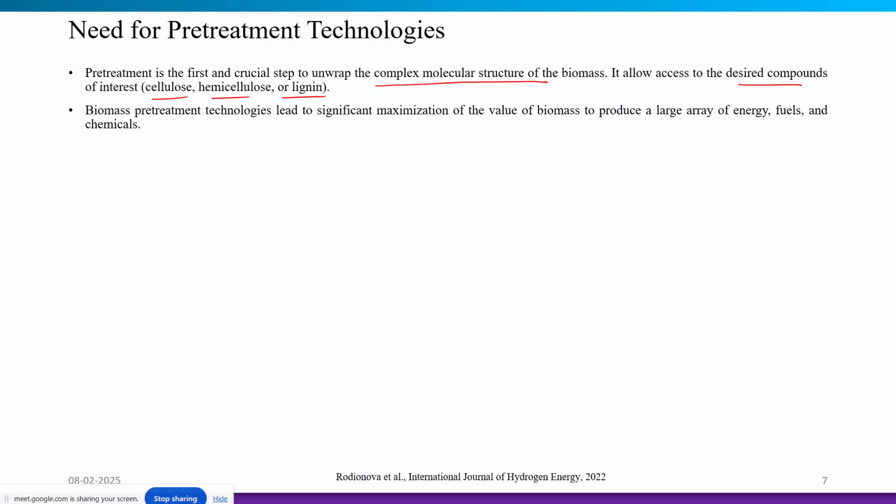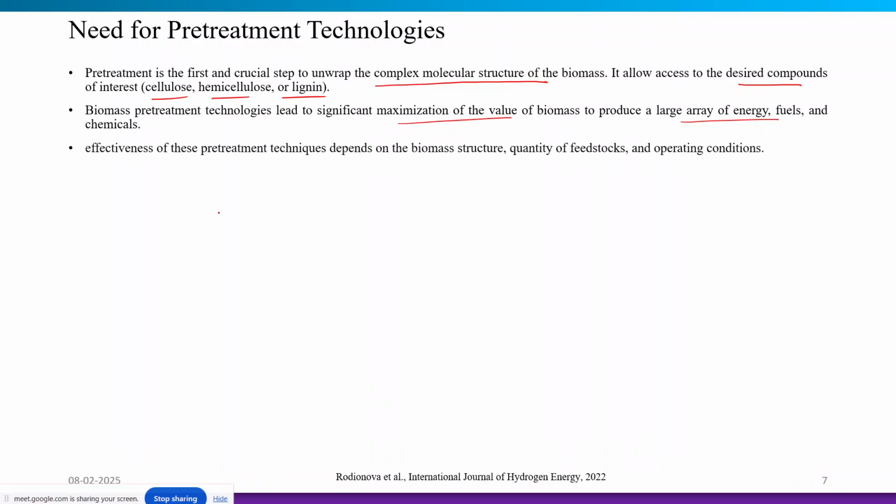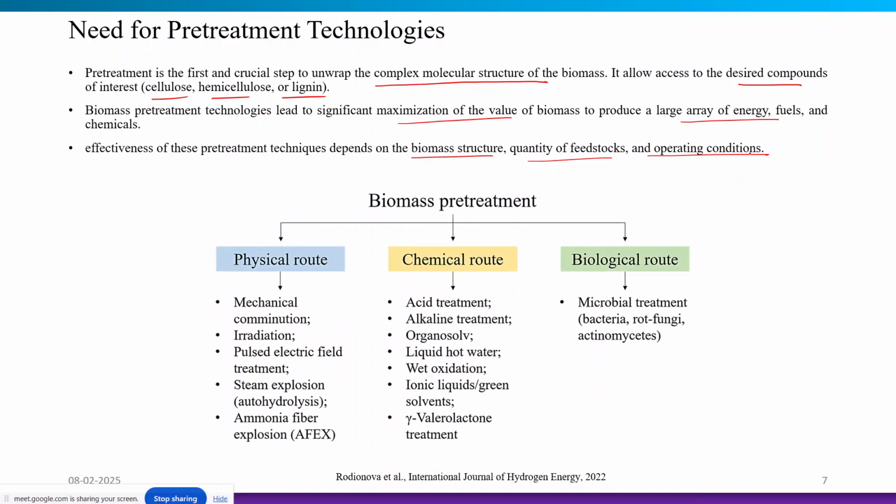So biomass pretreatment technology leads to significant maximization of the value of biomass to produce a large array of energy, fuels, and various chemicals. The effectiveness of these pretreatment techniques is highly dependent on the biomass structure, quantity of the feedstock, and various operating conditions.